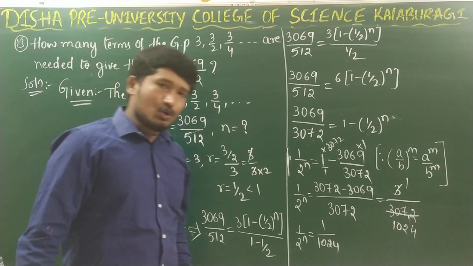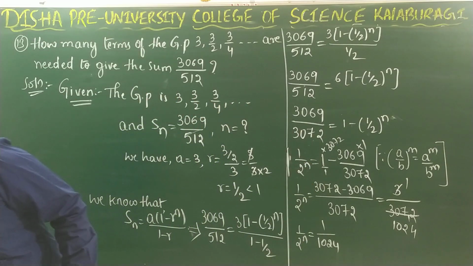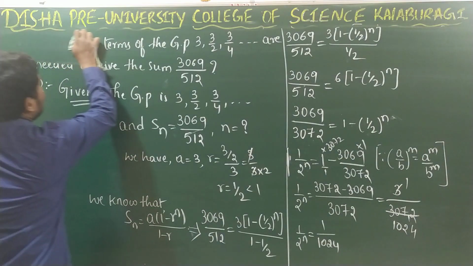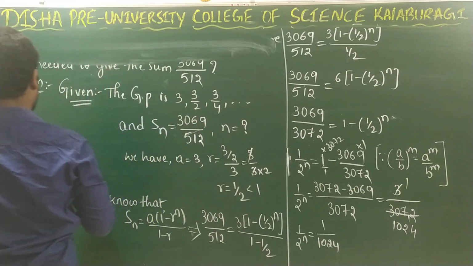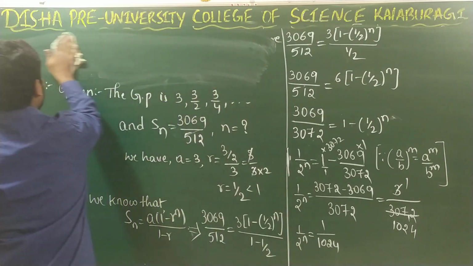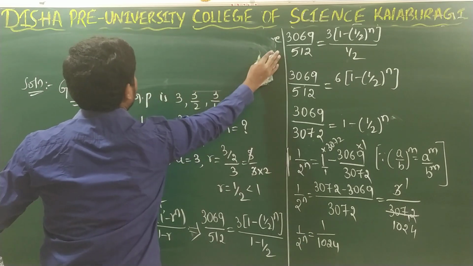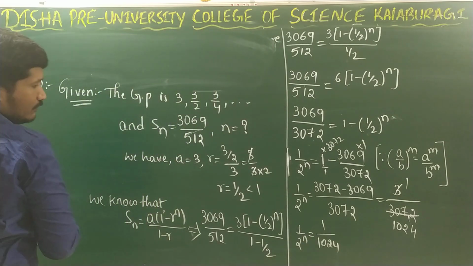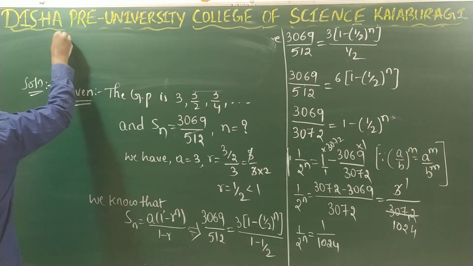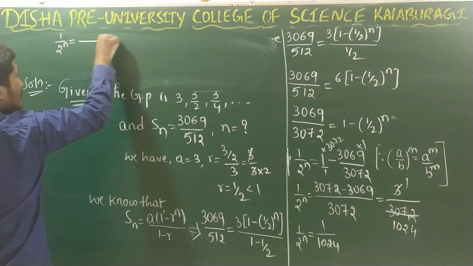Right. Next, what do we want? We want the value for n. So how to calculate that value? See, what I will do here is, I will write the LHS part as it is in the RHS part.